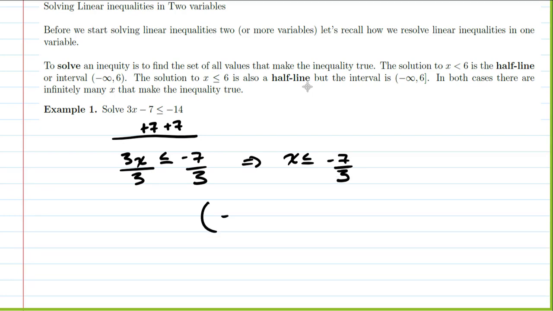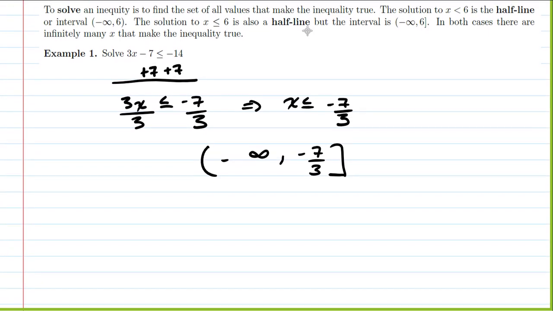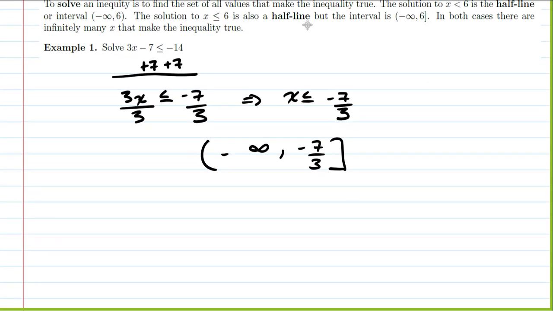In terms of a solution, it would be from negative infinity to negative 7/3, including negative 7/3. We've solved problems like this in the past by putting them on a number line. So negative 7/3 would be right there, and then we would shade the region that we want, so everything less than negative 7/3.